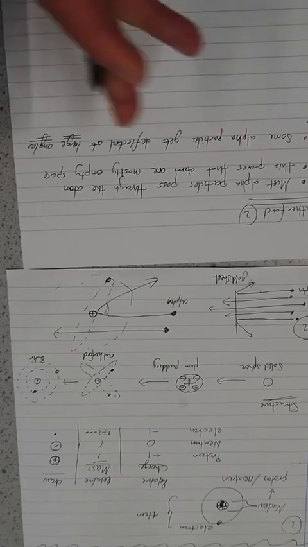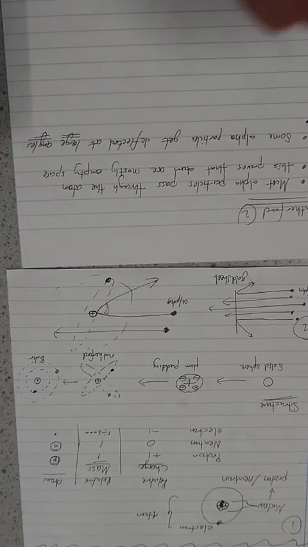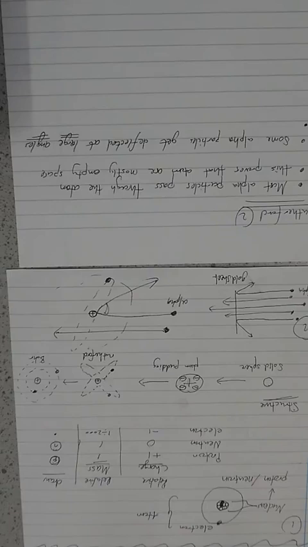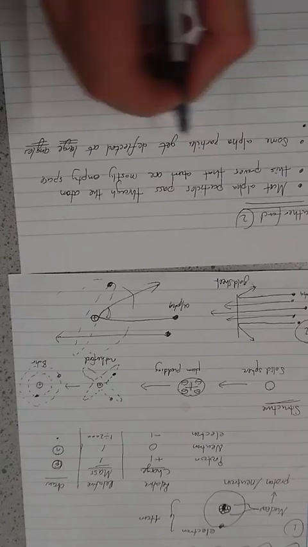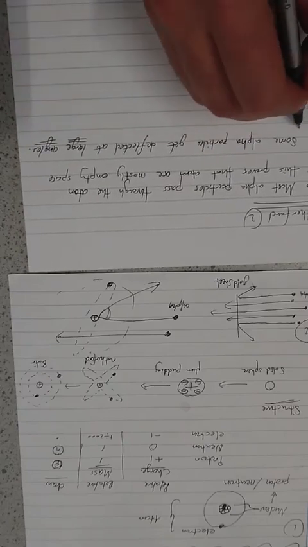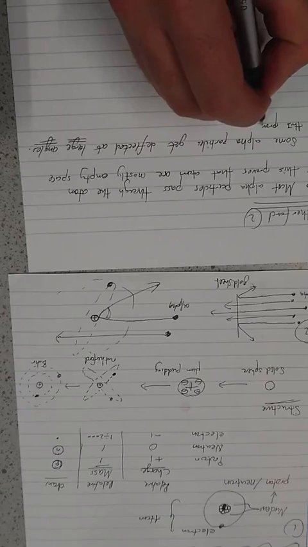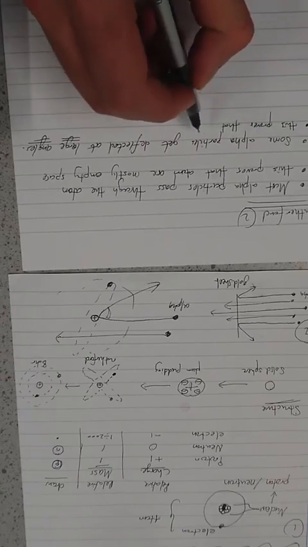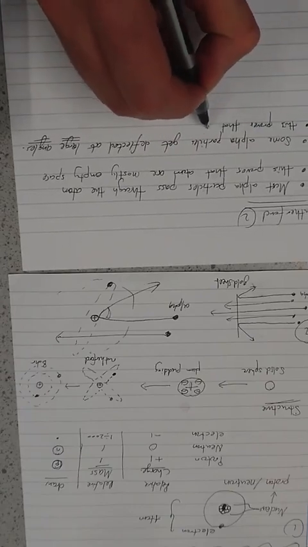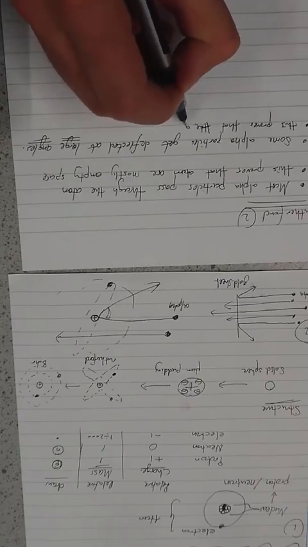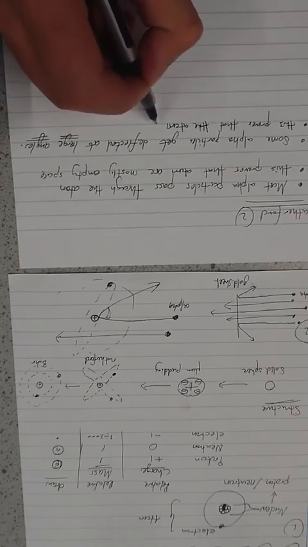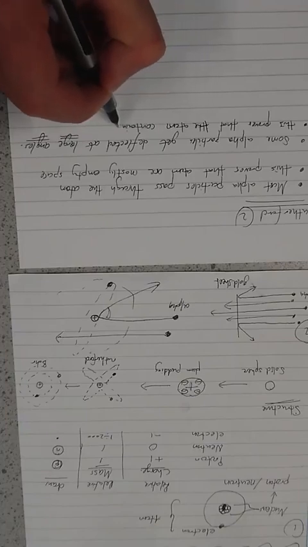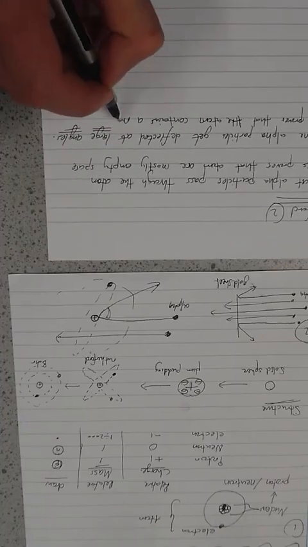What does this mean? This tells us that the particles deflected at large angles prove that the atom contains a nucleus.